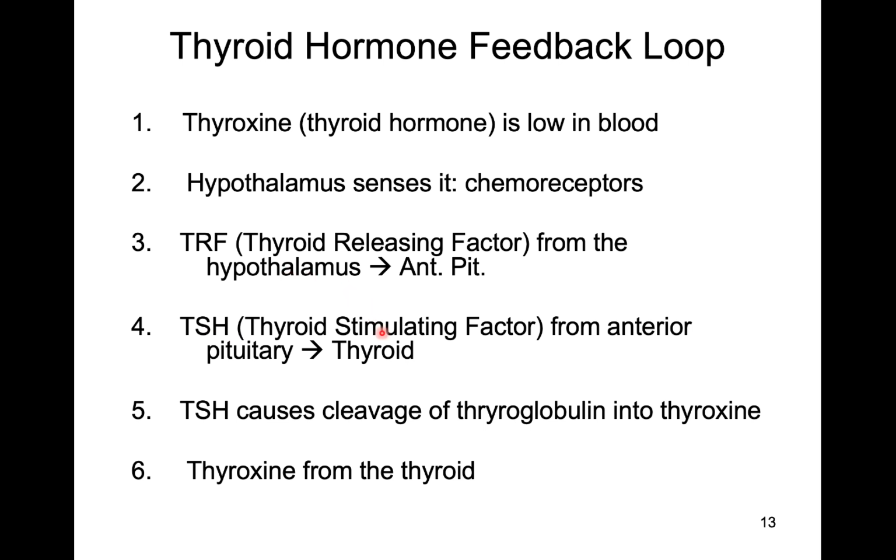Thyroid-stimulating hormone stimulates the thyroid gland to produce thyroglobulin, which is then converted into thyroxine. And you have now successfully increased the thyroid hormone concentration in your blood. This is a feedback mechanism, but you can also call it the humoral mechanism.